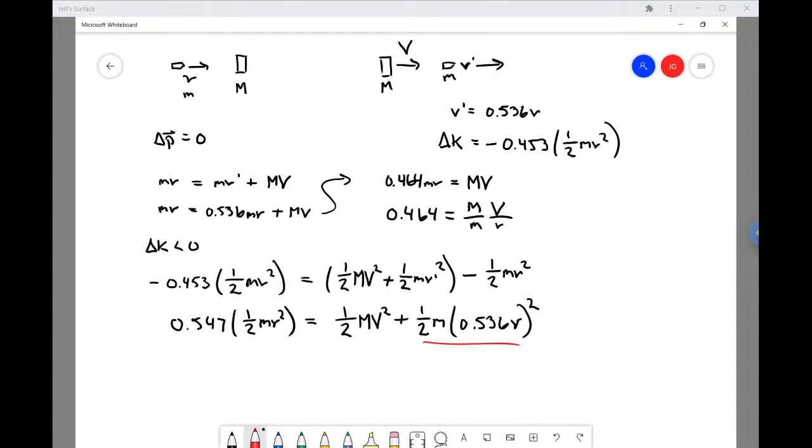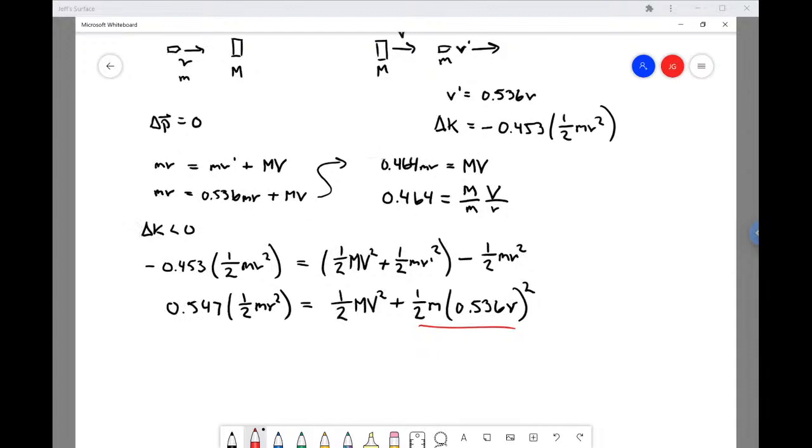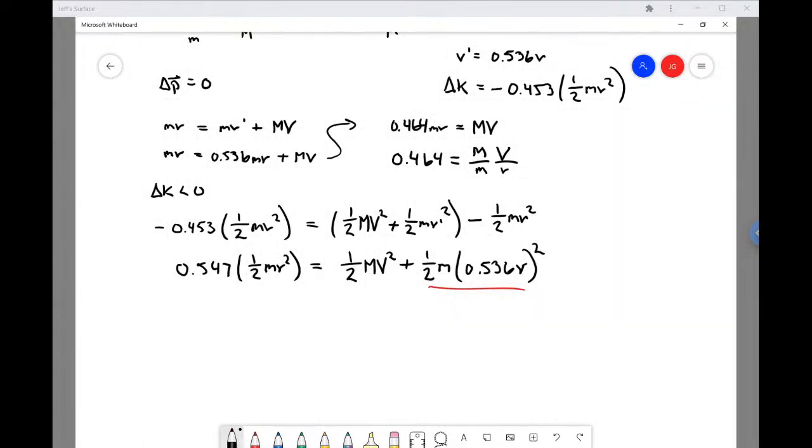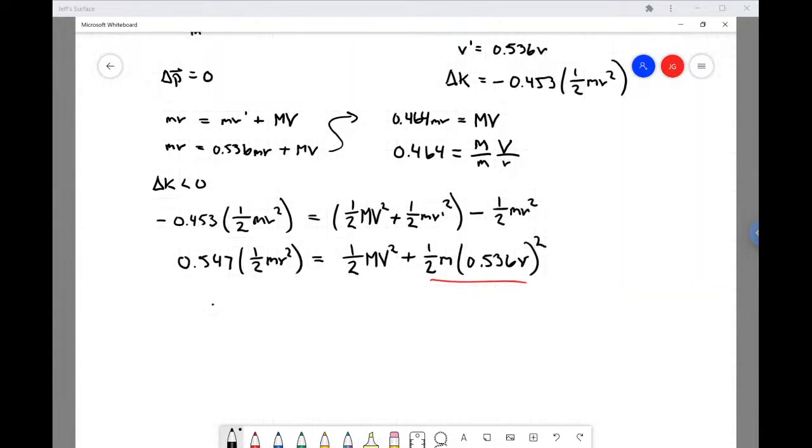I got a 1/2 everywhere, so that will cancel. So if I do those two steps at once, I'll end with 0.259. I'll keep a bunch of decimal places here. 704 m little v squared equals big M big V squared.